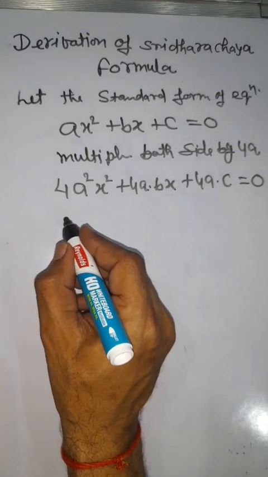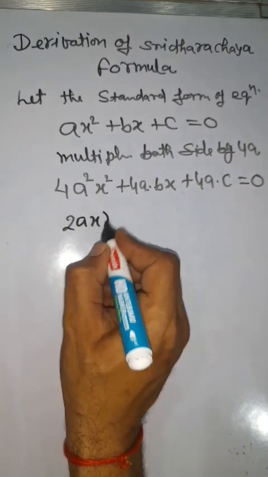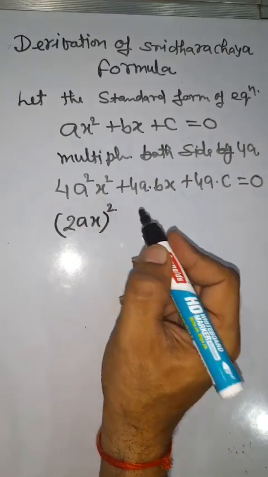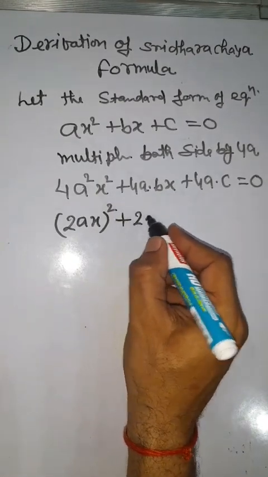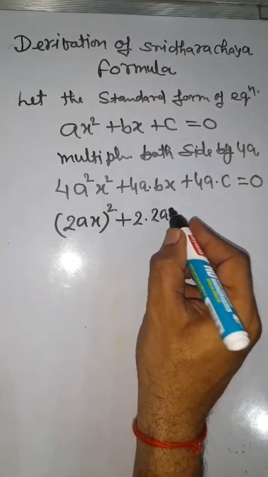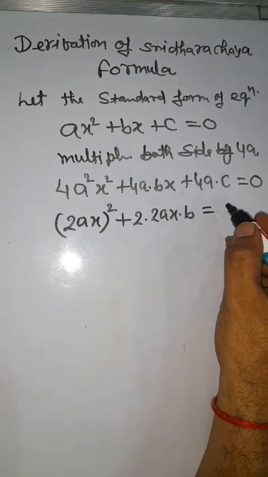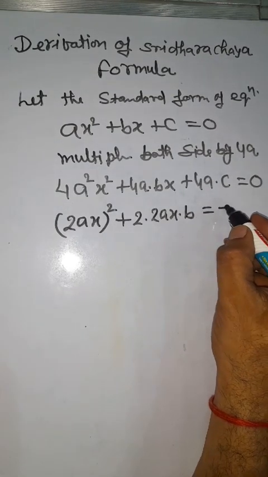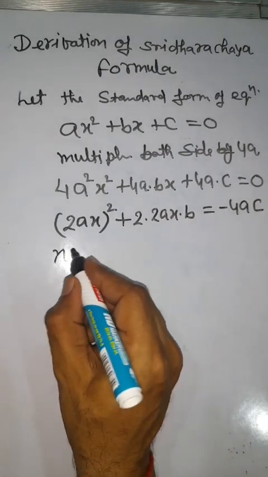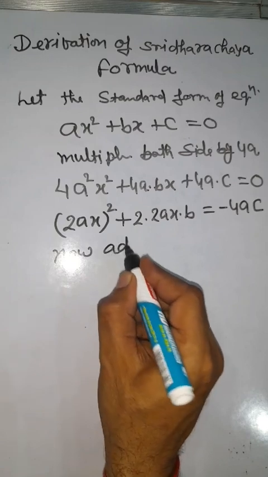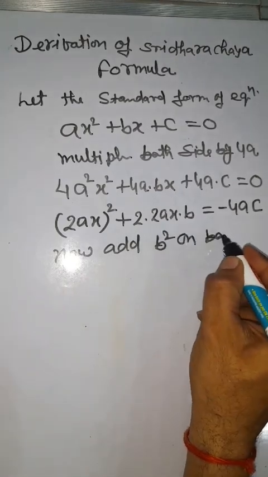Then we make 4a square x square as a form of (2ax) whole square plus 2 into 2ax into b, then transfer 4ac on right hand side, minus 4ac. Now add b square on both sides.